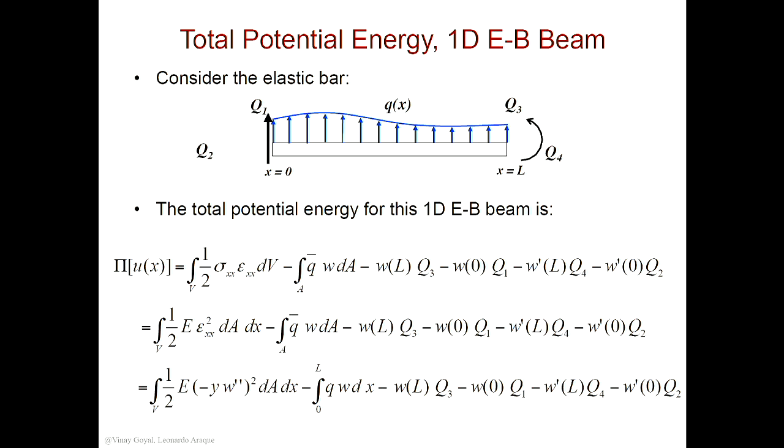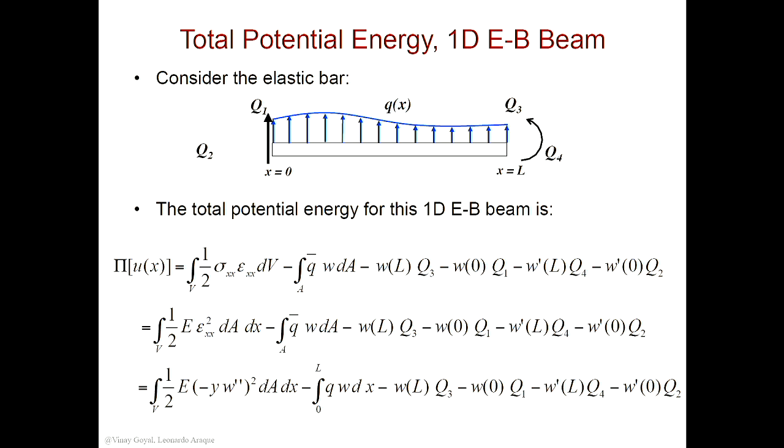The work done due to the moment Q4 is Q4 times the slope at that location, w'(L), and similarly with the moment at the other end. So that was the potential energy. That is the potential energy of the Euler-Bernoulli beam. Okay. Now, I will substitute, and you can go back to your notes to revisit this, but we proved that stress equals E times epsilon, so that makes it E times epsilon squared.